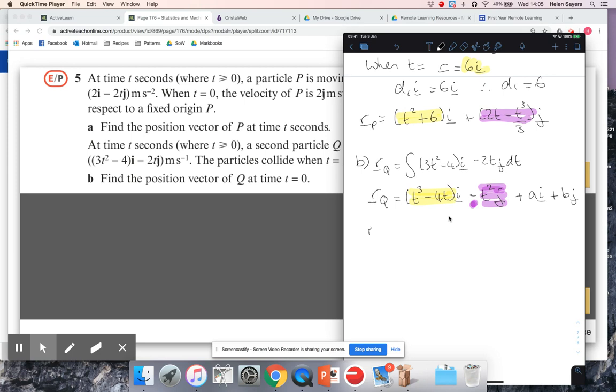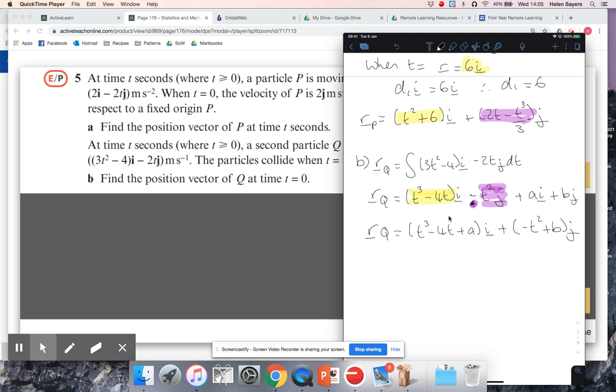So in fact, I'm kind of ending up going back to how I did the last bit anyway, because I really want to get all of my i components together and all of my j components together. And again, I don't really like that minus there. So I'm going to actually put plus and then minus t squared plus bj.